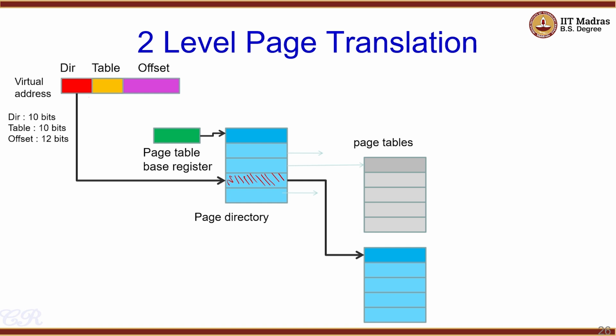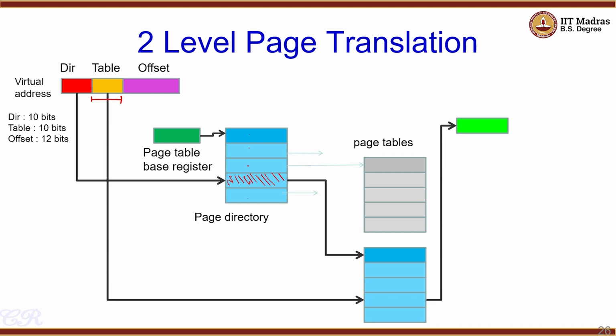So what this essentially means is that every entry in the page directory points to another layer of page tables, right? Each page table is of 4 kilobytes, and the table bits of your virtual address, that is the second set of 10 bits in this particular example, are used to index into the selected page table, right?